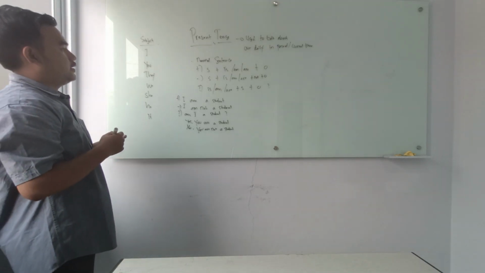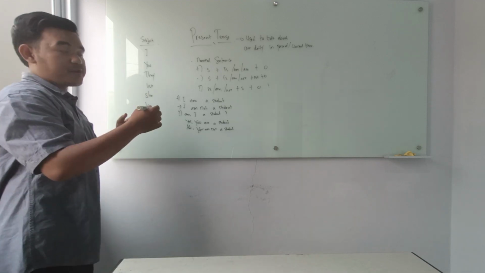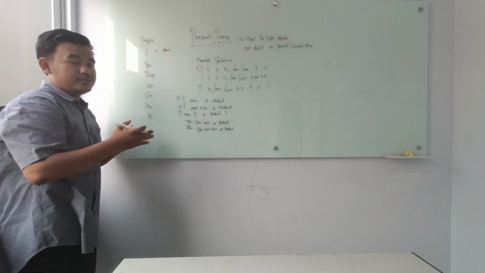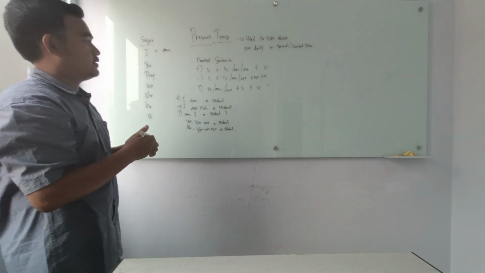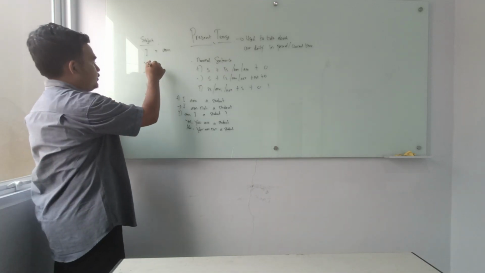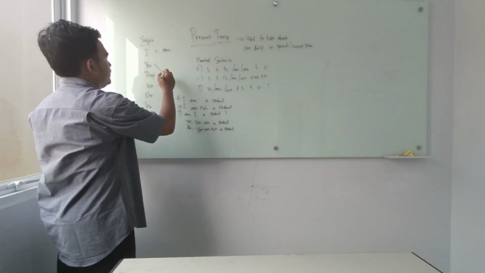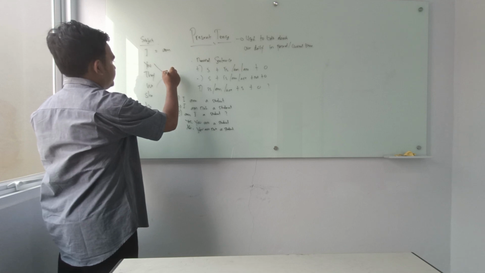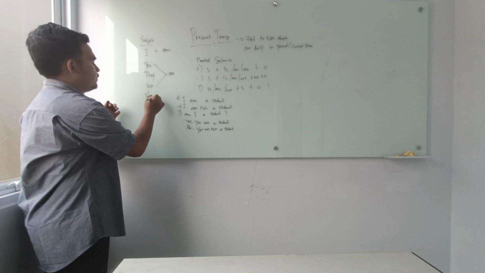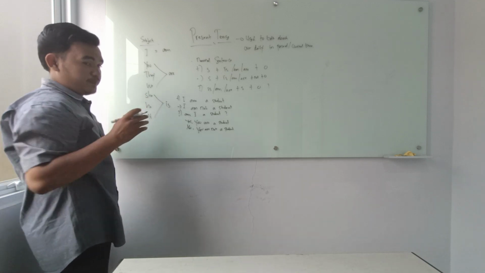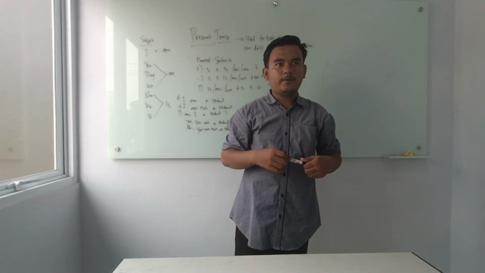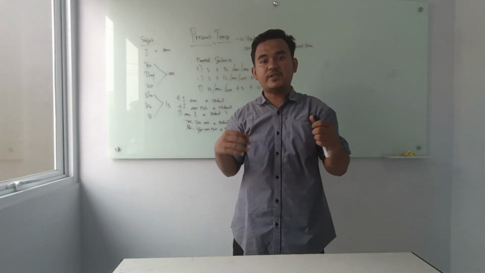I have the auxiliary verb am. You, we, they have the auxiliary verb are. And then she, he, it have the auxiliary verb is. Right. And how do we remember the subjects?